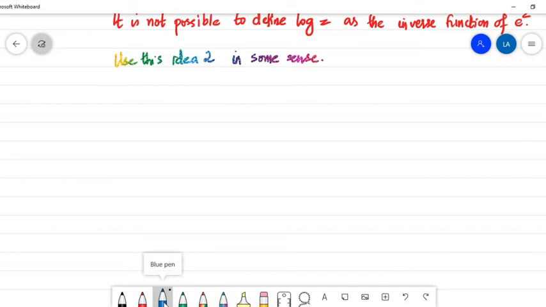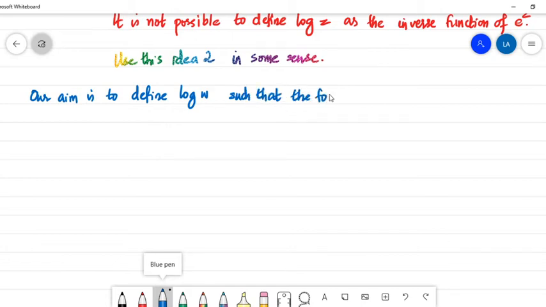Okay, so let us see what is our basic aim. Our aim is to define the logarithm of a complex number w such that the following condition is satisfied. So what is the following condition? That is inspired from idea 2.